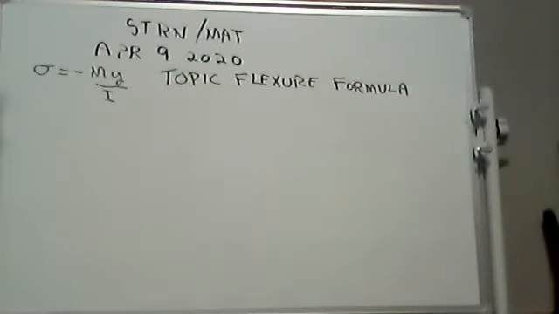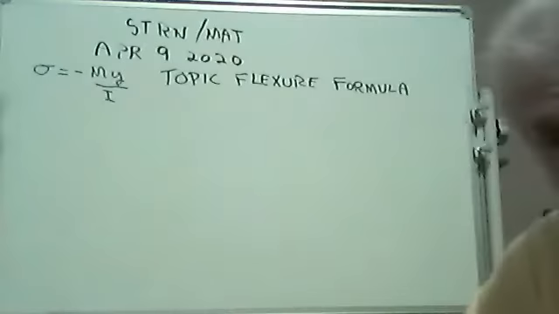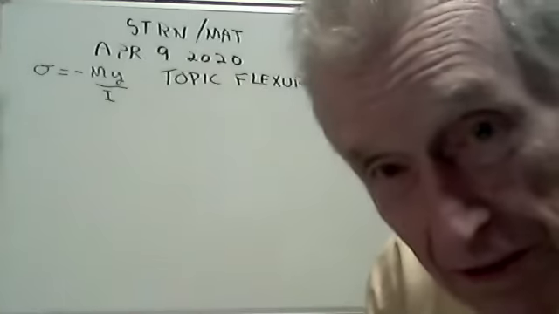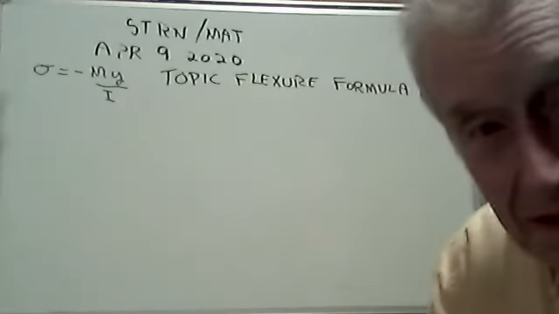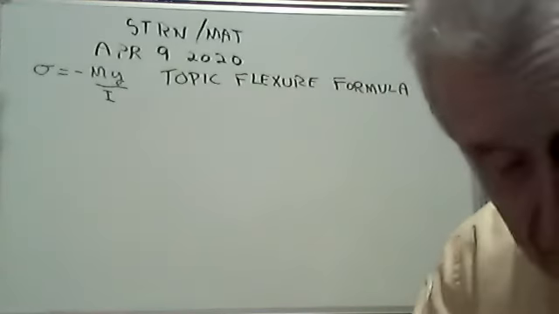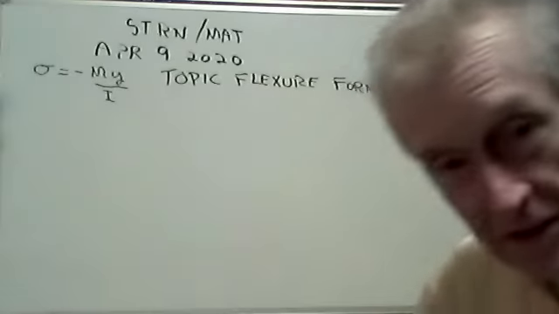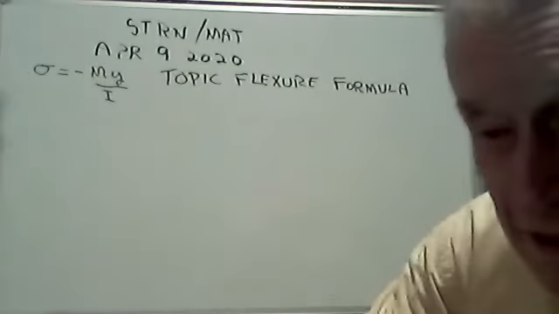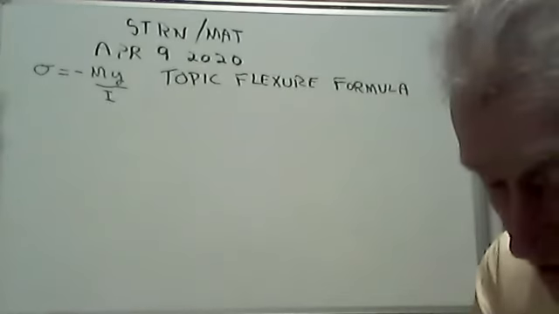Hey, I've got some more customers in here. We've got Coy and Daniel and Caitlin. Can you guys talk to each other? Hello, students. Can you guys talk to each other?